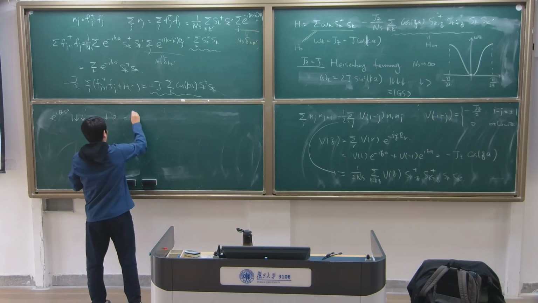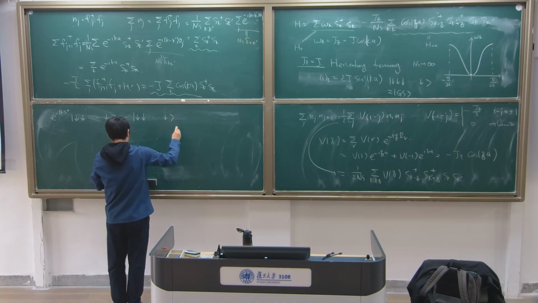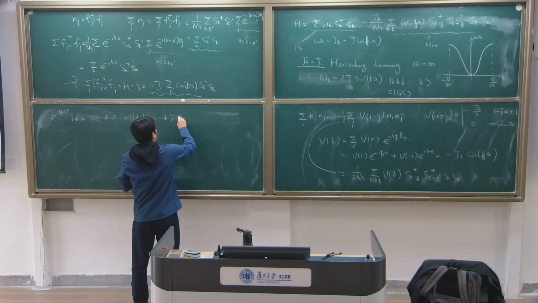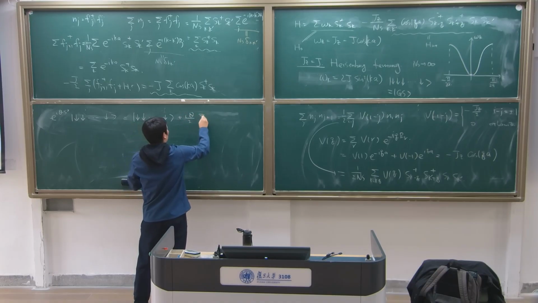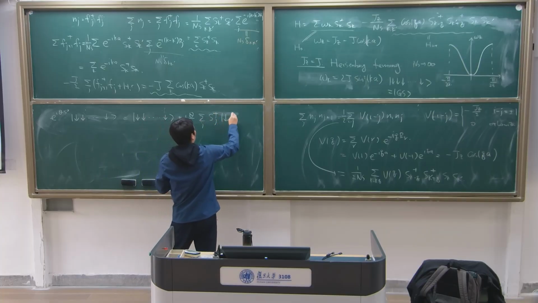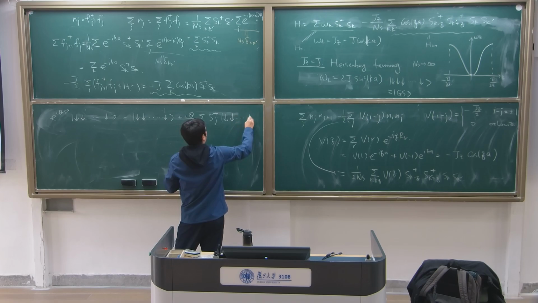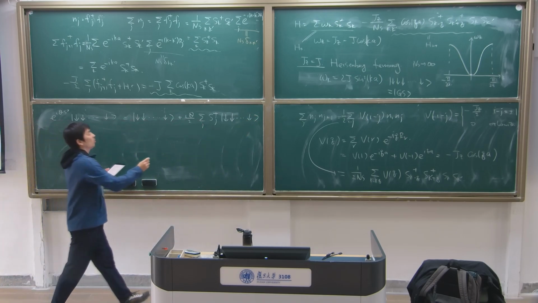So this one, you can just have something like this, and then plus zeta over 2 sum over j, plus J 0. So now we follow it in order.